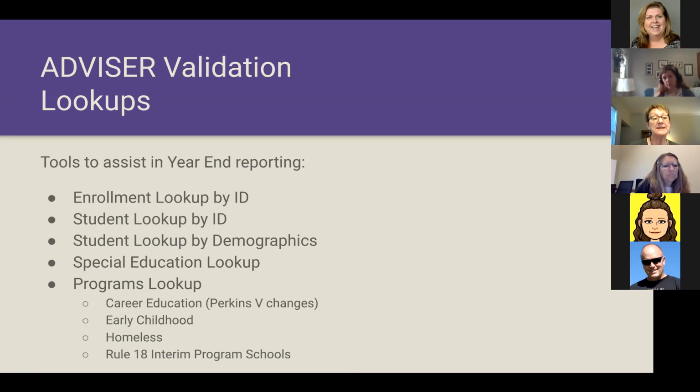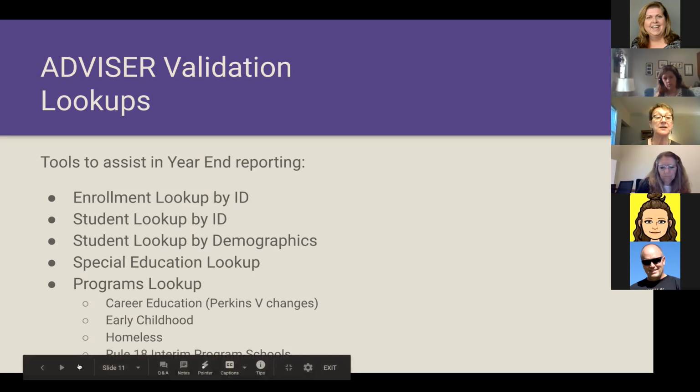Student lookup by ID will give you all of the records that have been submitted to advisor validation for a student at your school in the current year or the year selected. There's student lookup by demographics, special education lookup, and then the program lookups for career ed, early childhood, homeless, Rule 18.